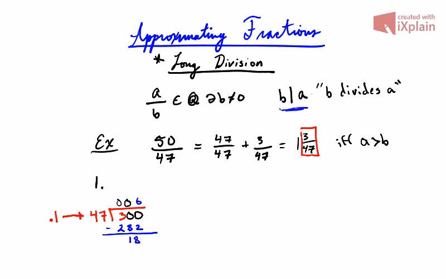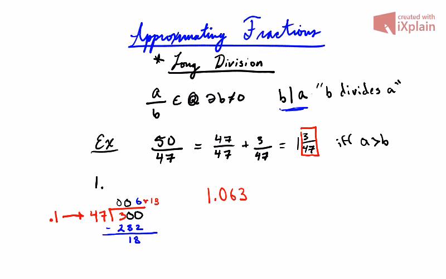And so what elementary teachers have taught in the past is you have remainder 18. I don't like that. And the reason why is it doesn't teach you how to basically find the decimal places. Because if you put 50 divided by 47 in a calculator, I have 1.063.